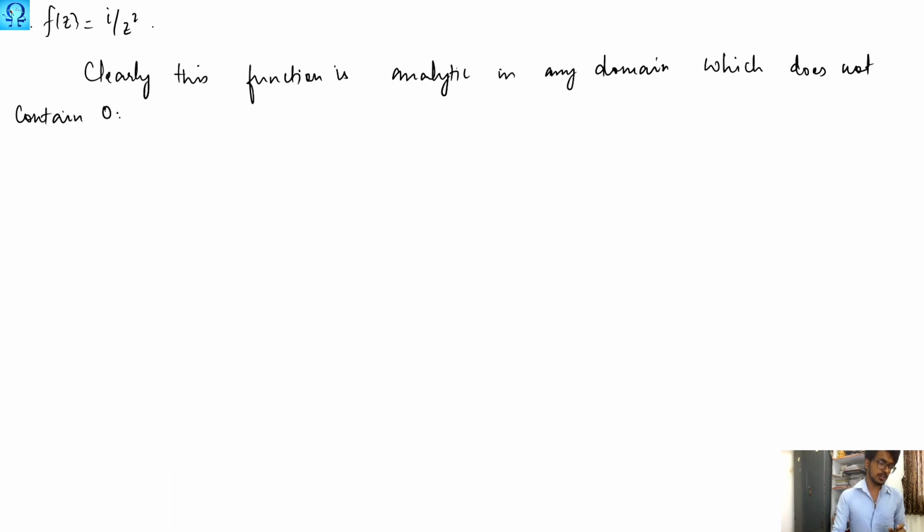So if the domain does not contain the origin, then the function turns out to be an analytic function. But still, this function has a lot to study, and that is what we are going to do in the next lecture.